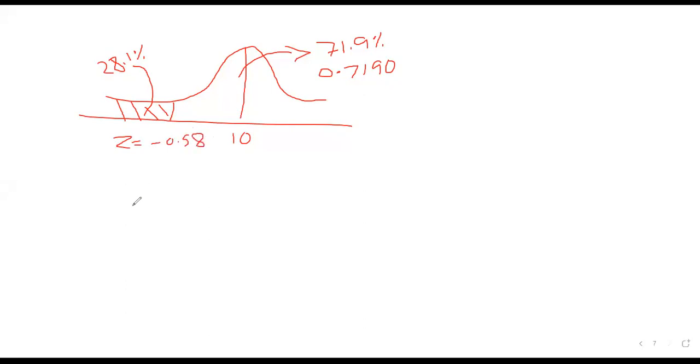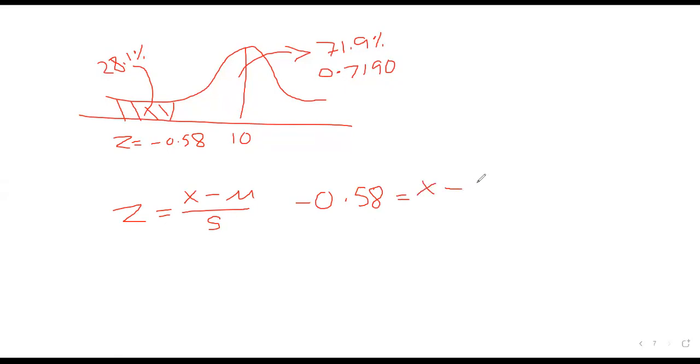What's the formula for Z? Z is equal to what? X minus mu over sigma. So here where the Z is, we're going to put negative 0.58. And our X, we don't know.